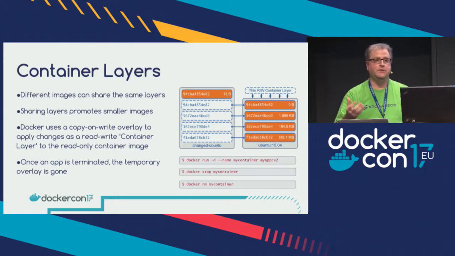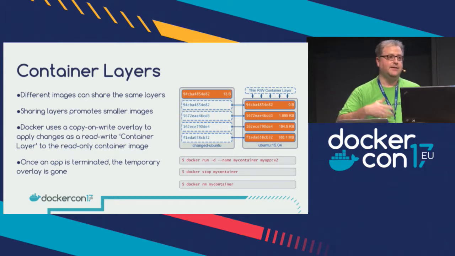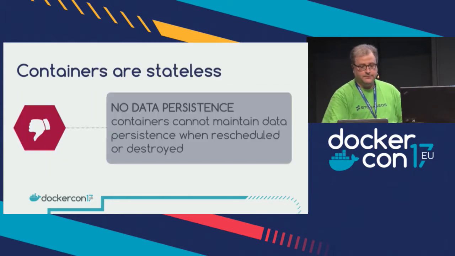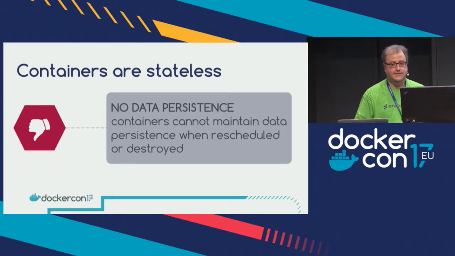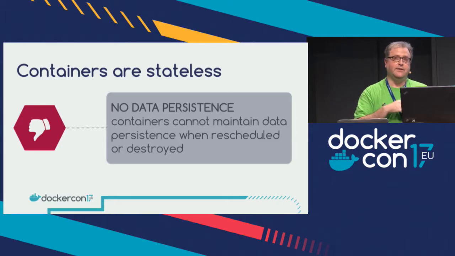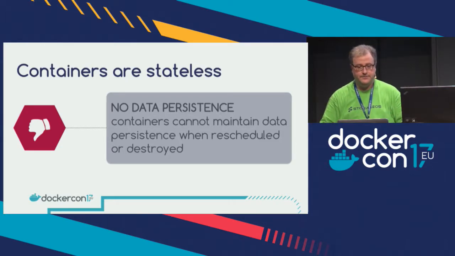This allows you to have a temporary working space that your container uses to run. Obviously, the downside is that once an app is terminated, your data goes. So fundamentally, containers were originally designed to be stateless. They don't have data persistence. They cannot maintain data when they're moved to another node or the container is destroyed.